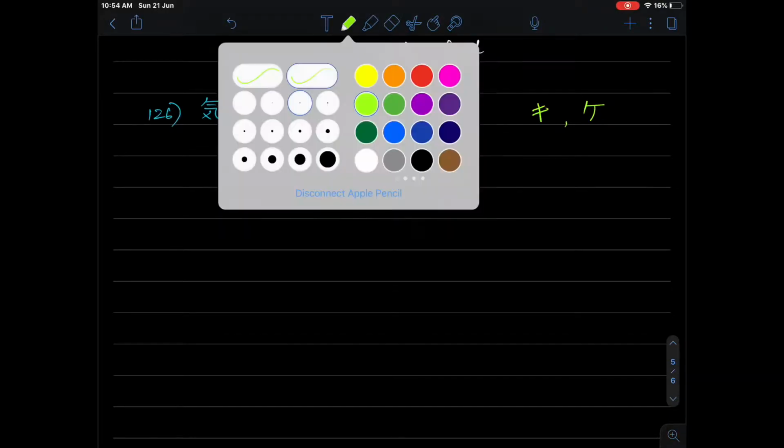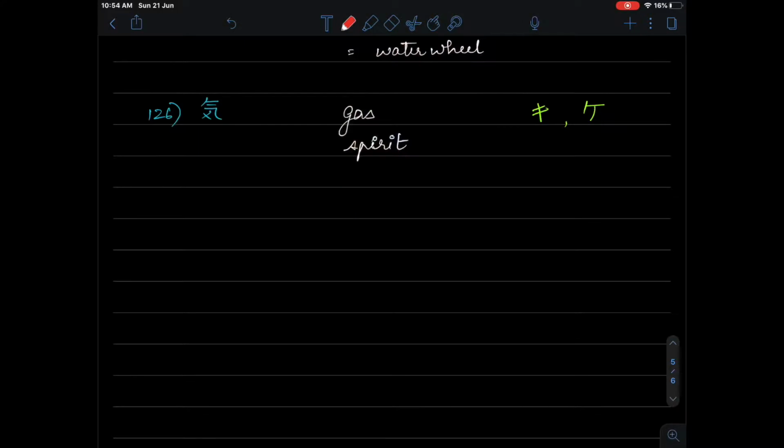So this I didn't do the mnemonic because it's a little tricky, but I'll still try. Try to imagine this part, these three strokes, as vapors escaping. Just try and invert it, just rotate it by 90 degrees, and then you'll see something like this. So you can think of it as vapors escaping from a particular place.